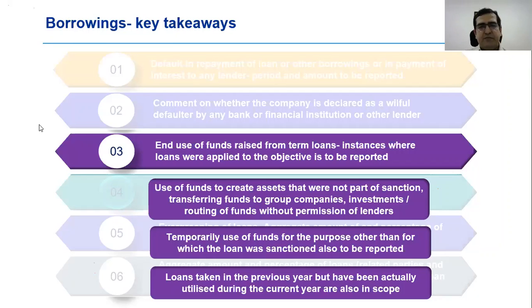In which case it is the responsibility of the auditor to bring this out in CARO, that the money has been raised, has been temporarily deployed in deposits, and will be deployed subsequently. What that also means is, if the term loan was raised at the fag end of the previous year, the auditor will need to comment on the utilization in the current year. So those were the two minor points that I wanted to highlight.